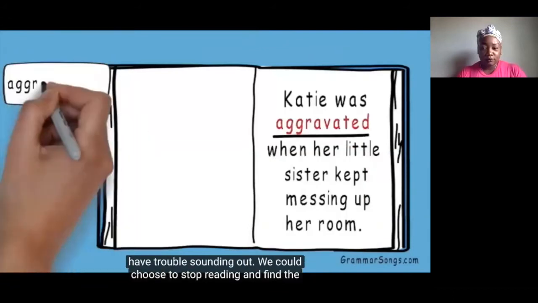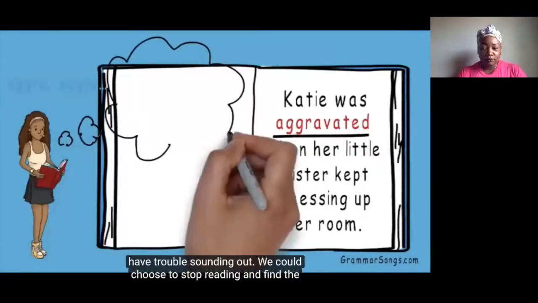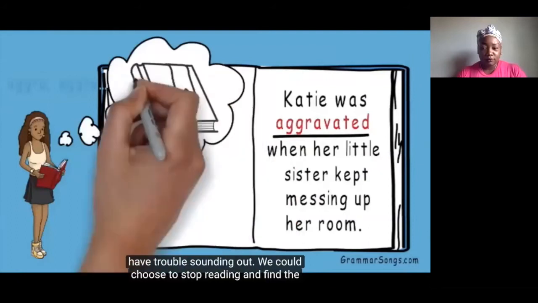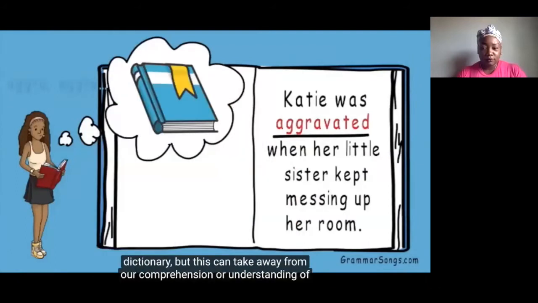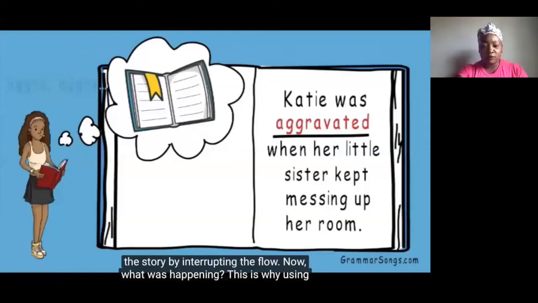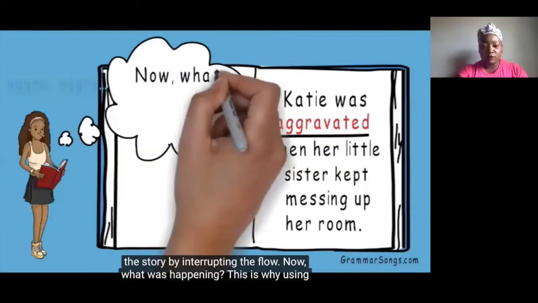When we read, sometimes we will come upon an unfamiliar word that we don't know and have trouble sounding out. We could choose to stop reading and find a dictionary, but this can take away from our comprehension or understanding of the story by interrupting the flow. Now, what was happening?